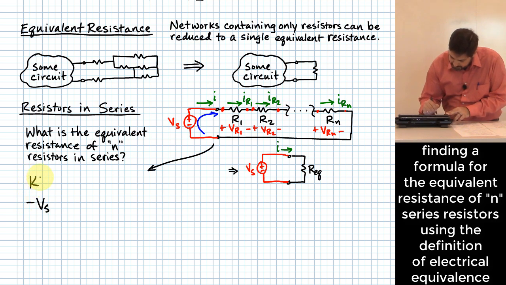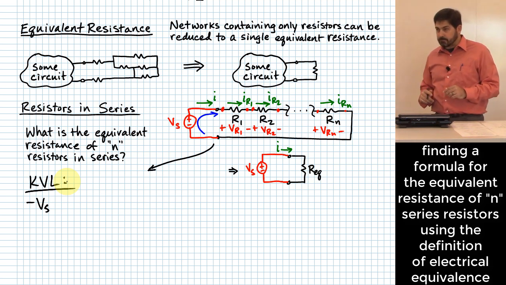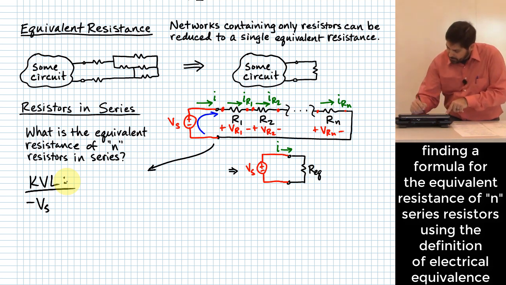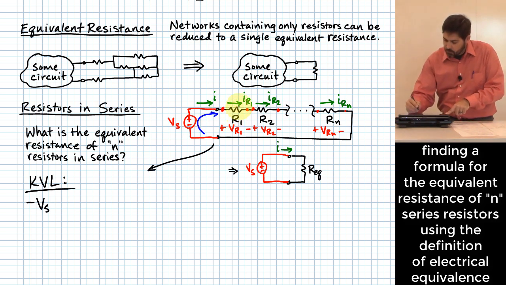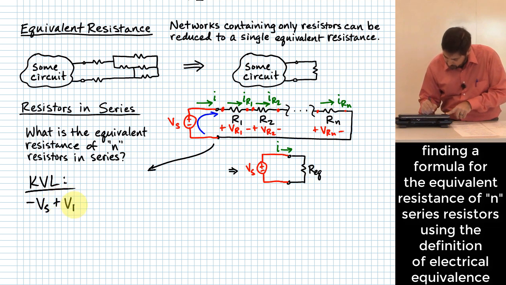And by the way, I forgot to label this up here, but what we're about to do is a Kirchhoff's voltage law equation. So I'll have a minus Vs, then I come around up to R1, and what will I have there for the voltage across that? Plus VR1. Then I keep going through the rest of these: plus VR2, plus, dot, dot, dot.